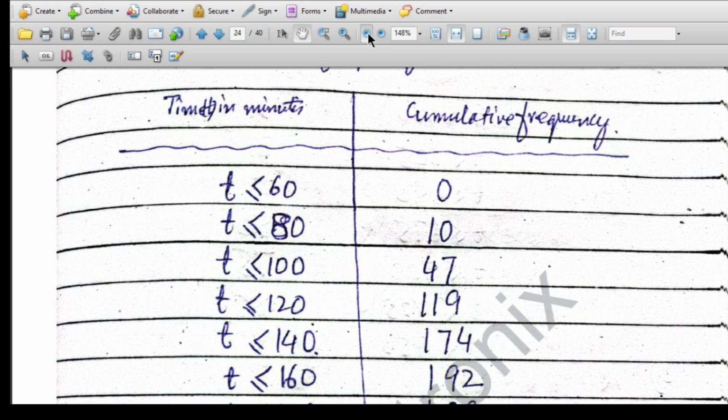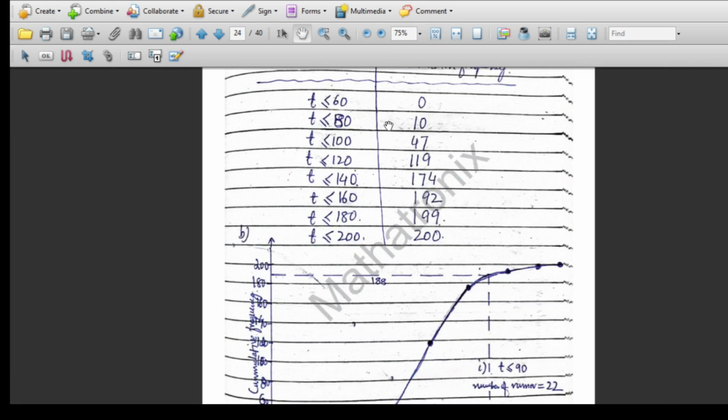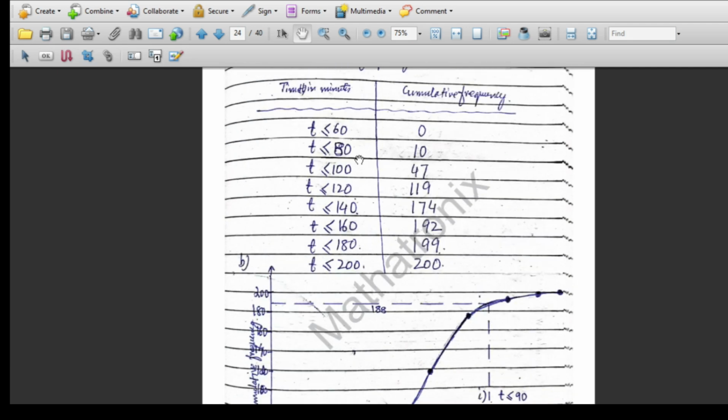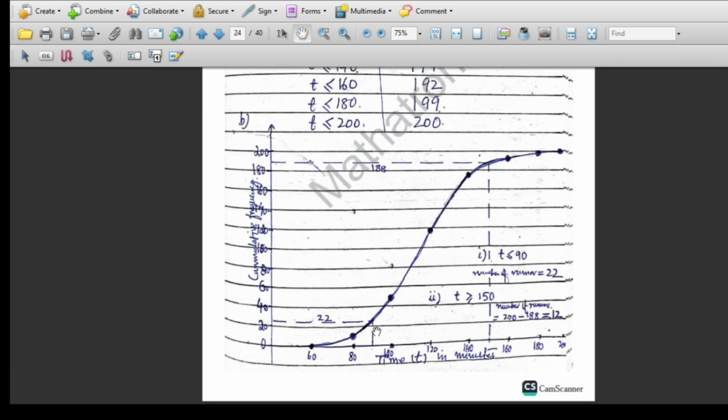So we will draw this diagram here. At 60 we have 0, at 80 we have 10 frequency. This is cumulative frequency, and here we have time in minutes.